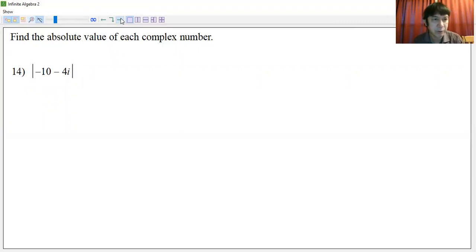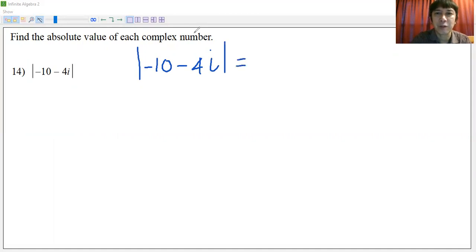All right, let's have number 14. So, what is the absolute value of 10 minus 4i? And this is actually the square root of negative 10 squared.